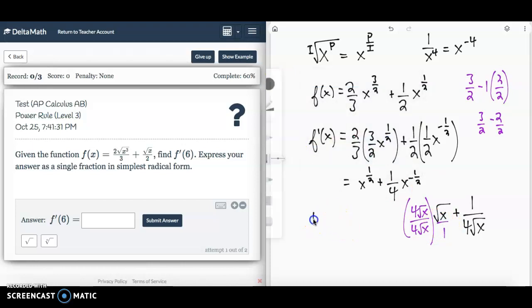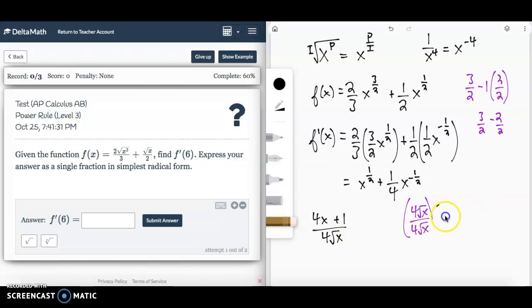All right, so then we get 4 square root of x times square root of x is x, plus 1. Now it has the same common denominator. There we go. All right, so then now we can plug in 6. Goodness, that was extra. There, I just wanted to show that that's our derivative.